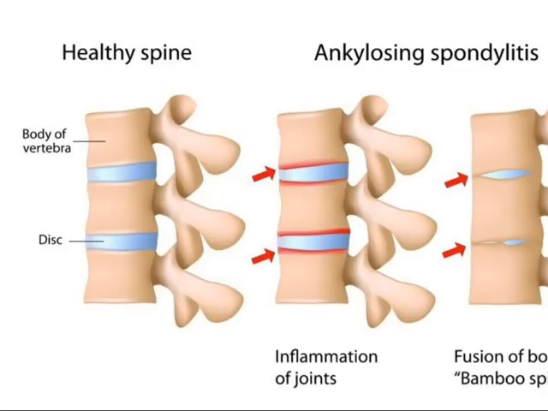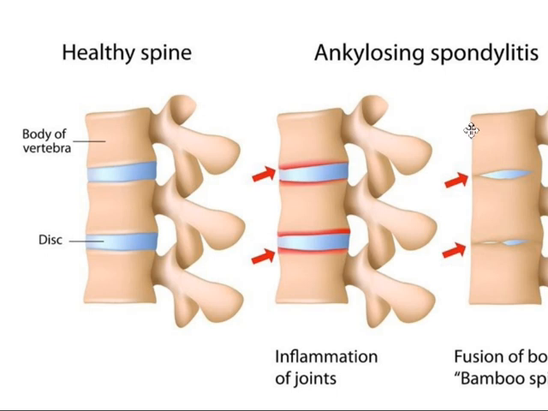Now we can see the pictures here. This is a healthy spine, body of vertebra. You can see the concave contour. And here in ankylosing spondylitis, there is inflammation of joints, and finally there is fusion of bones. This gives a picture of bamboo spine. See the concavity, which is very clear here.